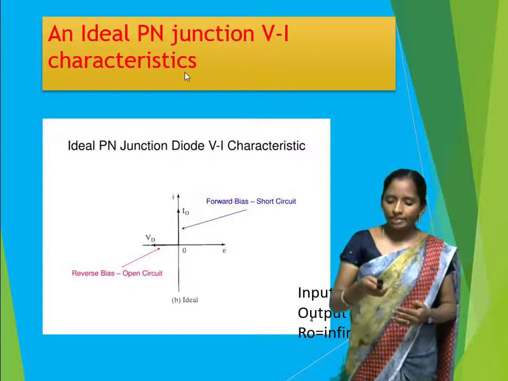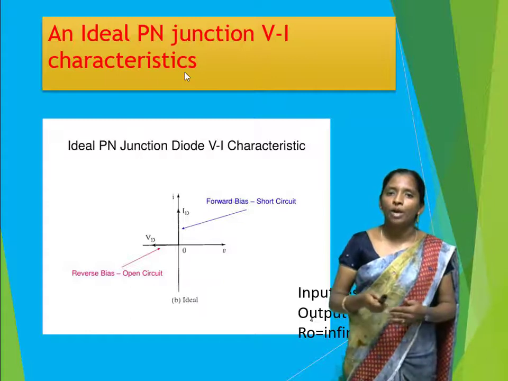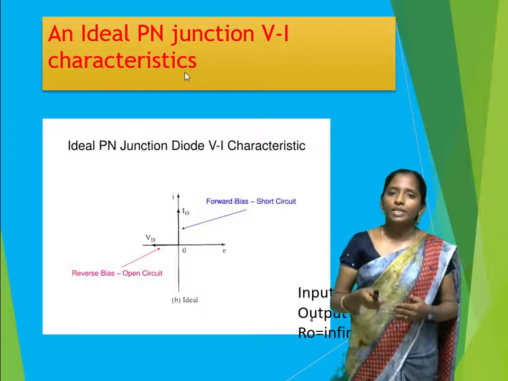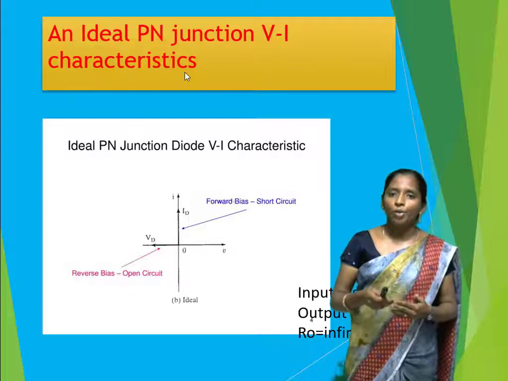In no bias, there is no external voltage applied to the PN junction diode. So this condition is known as the PN junction diode under no bias condition.